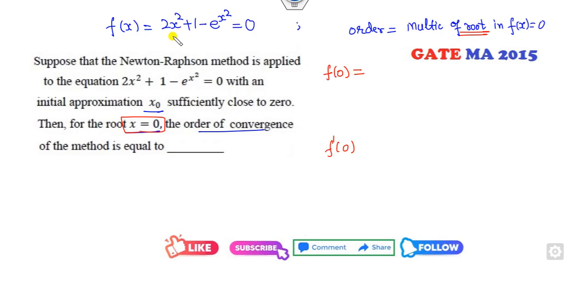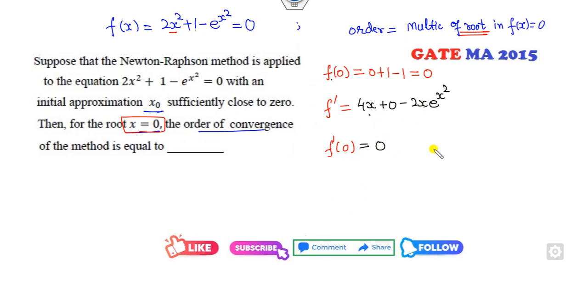What is f of 0? 0 plus 1 minus 1, which is 0. What is f dash? If I find the derivative of this, it is 4x plus 0 minus 2x e raised to power x square. So what is f dash of 0? 0. Fine.